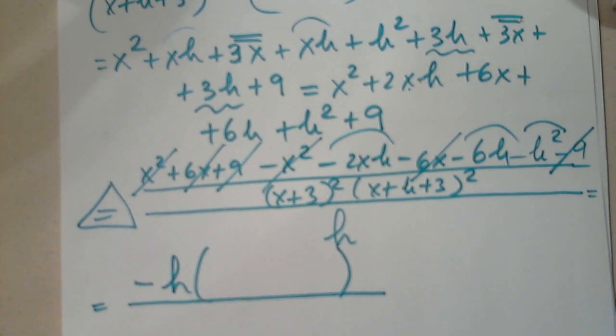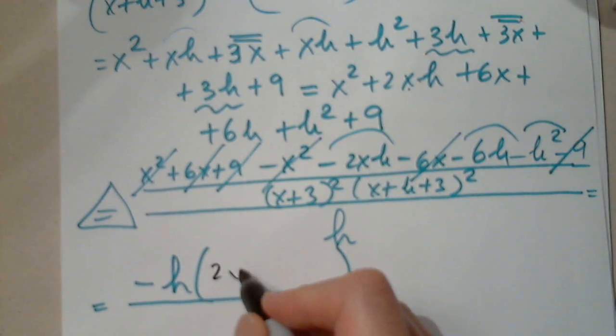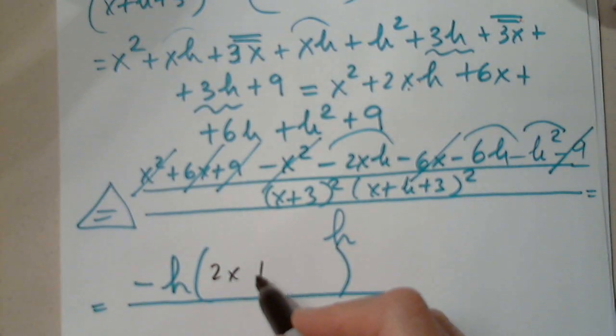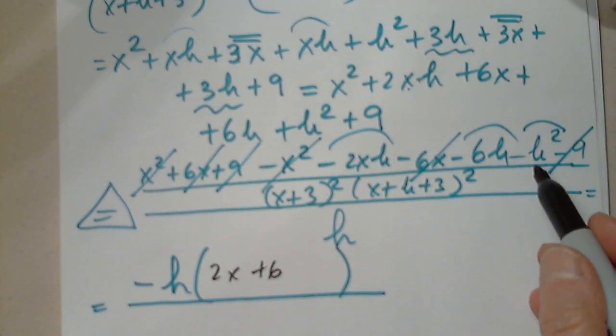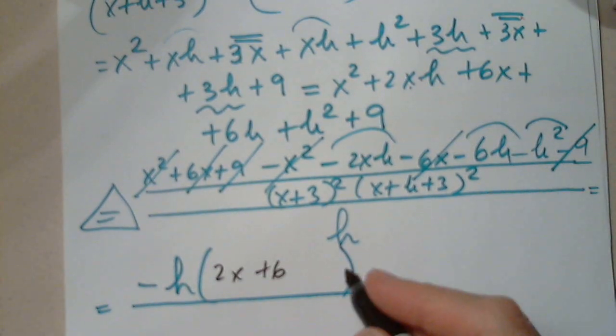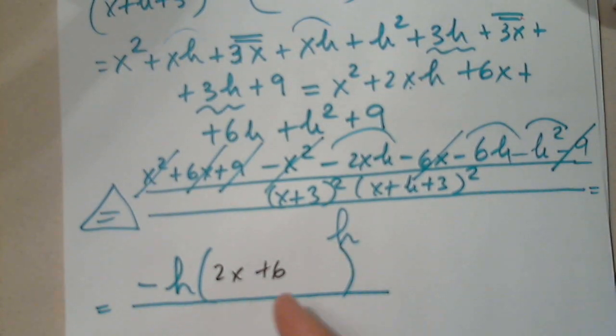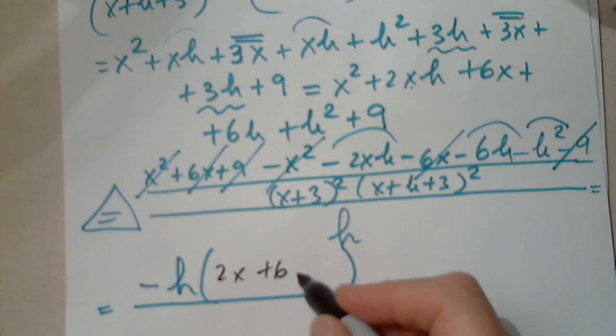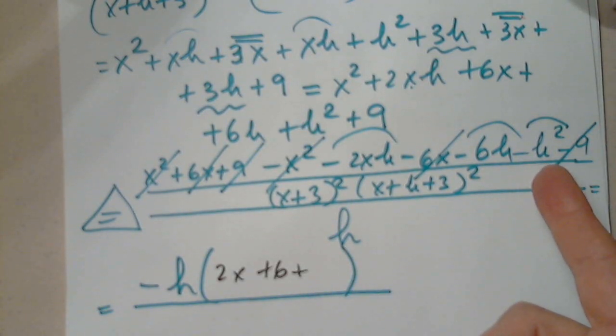The negative h. 2x plus 6. Plus 0. But if I put 0, I will never get back this term. Plus 1. But if I put plus 1, I will never get the negative h squared.